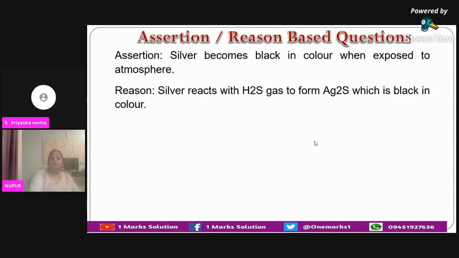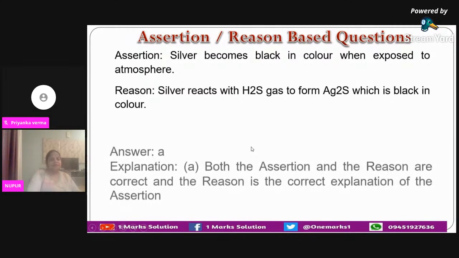Okay. A very common phenomenon. Silver becomes black when exposed to atmosphere. And the reason is silver reacts with H2S gas to form a black color Ag2S, silver sulphide. Okay. You all know assertion seems to be true.